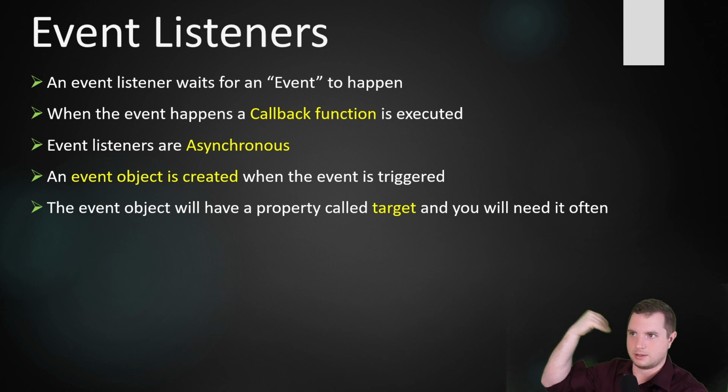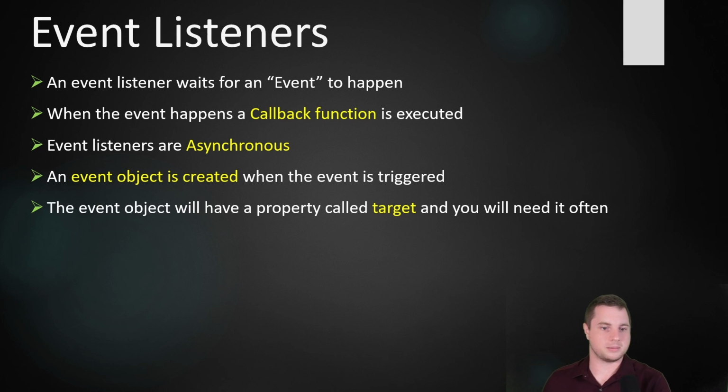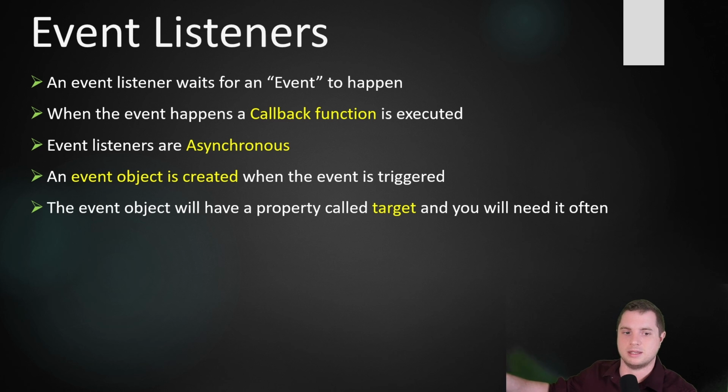We hit the window onload, we set our listeners, and then nothing happened until we actually hit the submit button. That is asynchronous. An event object is created when the event is triggered. That is the event object that I started to use and then realized I had a logic error. The event object will have a property called target, and you will use it often.